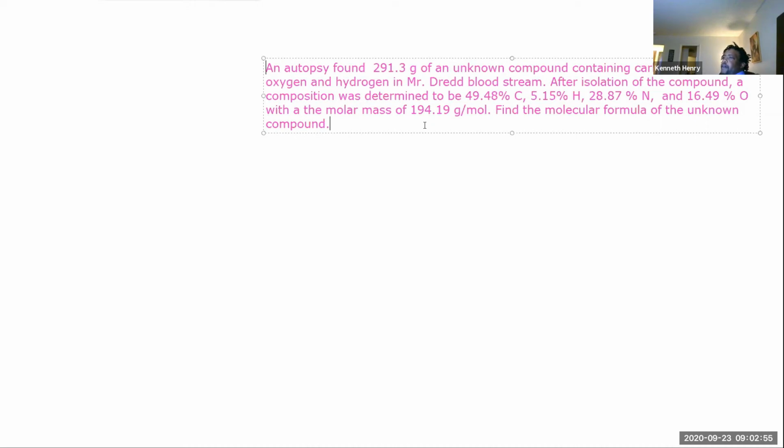After isolating the compound, the composition was determined to be 49.48% carbon, 5.15% hydrogen, 28.87% nitrogen, and 16.49% oxygen, with a molar mass of 194.19 grams per mole. Find the molecular formula of the unknown compound.